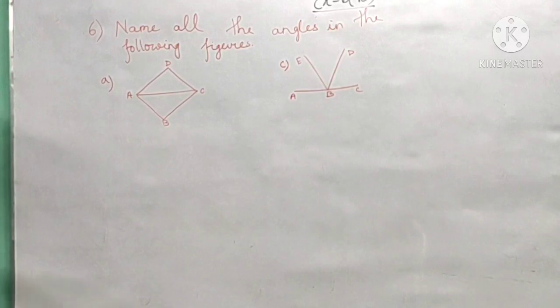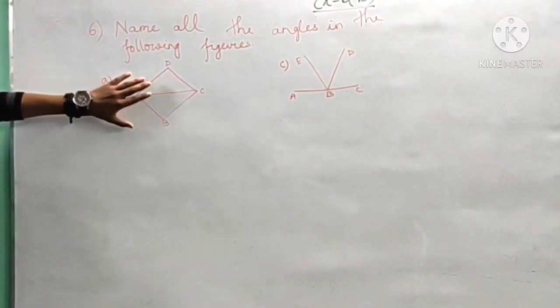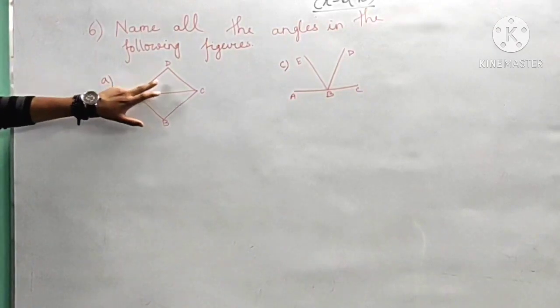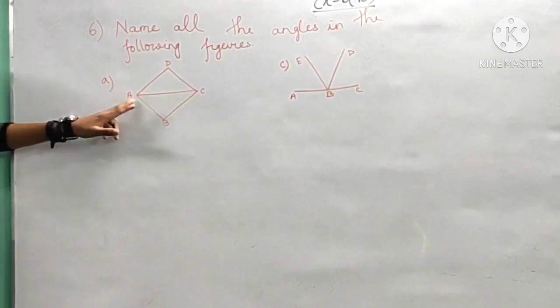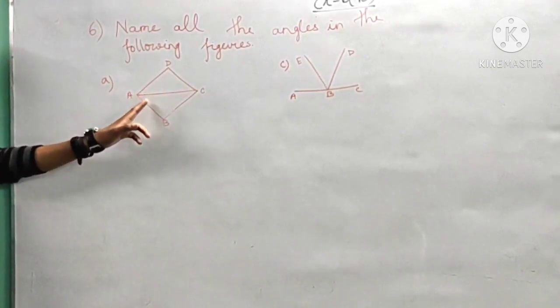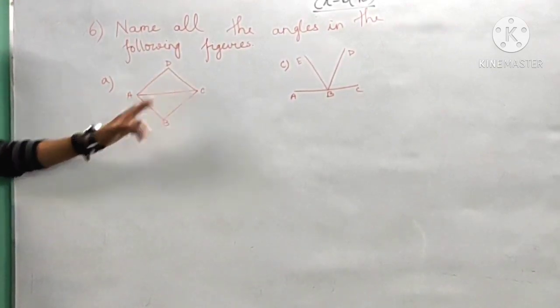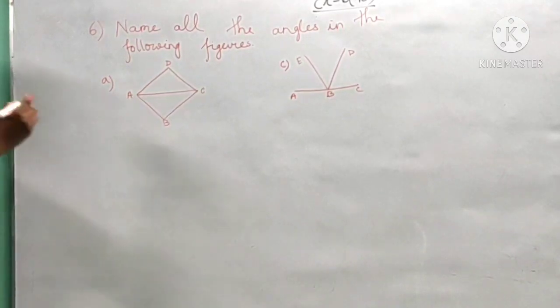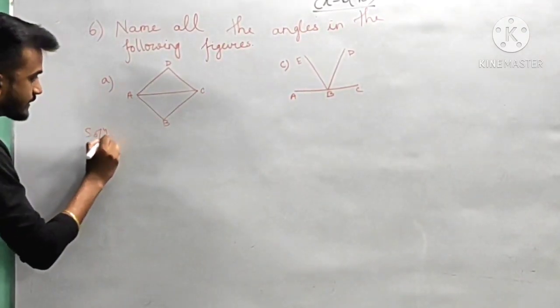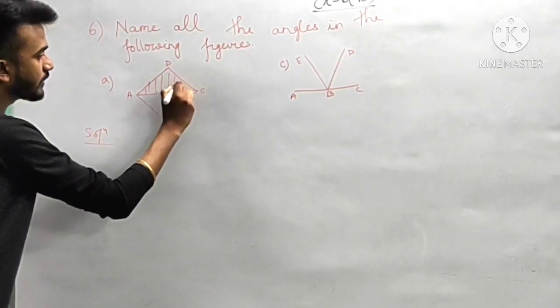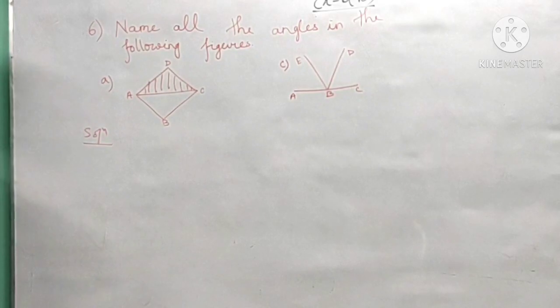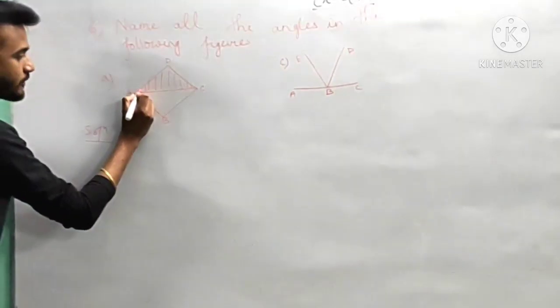I am just going to show how you are going to do it. You can see that there are two triangles, ADC and another triangle ABC. We are going to start with the first triangle, ADC. In this triangle, how many angles will you get? First of all, we are starting from here.